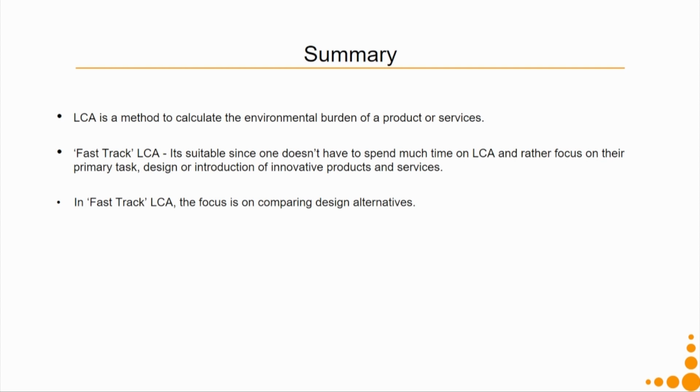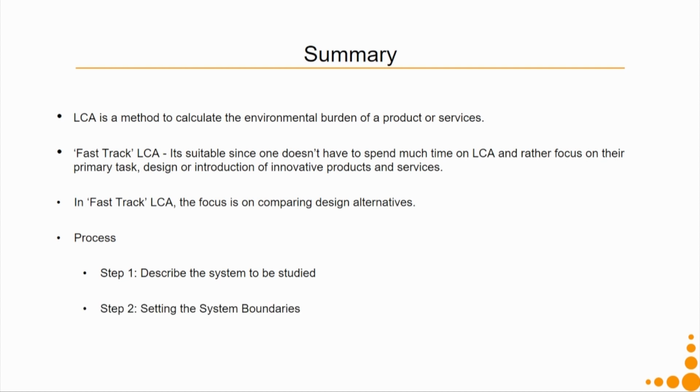In fast track LCA, the focus is on comparing design alternatives. The process that we follow is, first, describe the system to be studied. The second step is setting the system boundaries. The third step is setting the functional unit and the declared unit, and then we are ready to go for a life cycle assessment.